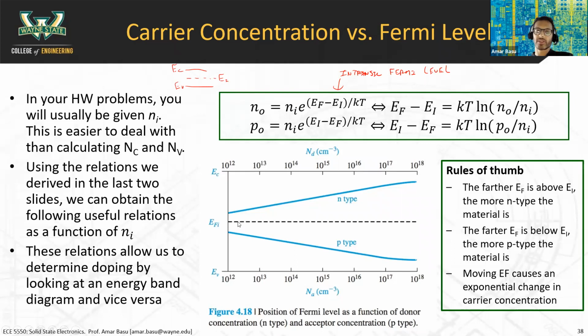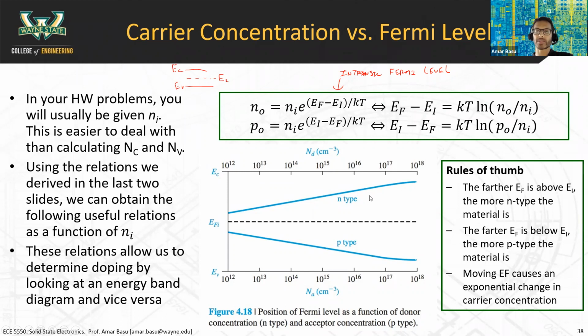This graph is showing the position of the Fermi level versus the electron concentration. So for an n-type semiconductor, notice that as we linearly increase the position of the Fermi level, as the Fermi level moves higher and higher, the carrier concentration increases by orders of magnitude in a log scale.